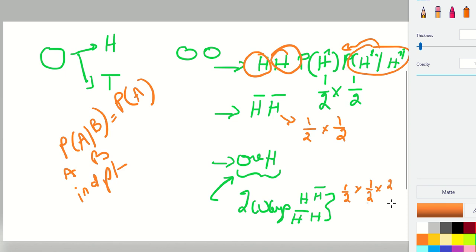Okay? So let's wrap things up. The first one gave us a total probability of 1 over 4. The second one gave us a probability of 1 over 4 as well. The last one, the twos cancel out, so you're left with 1 over 2.